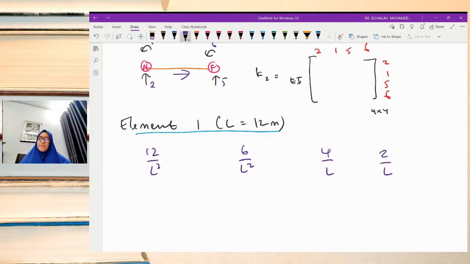Okay, so 12 divided by L cube is, okay, please, can you please calculate for me? The answer, it is 12 divided by L, L is also 12. L cube. Twelve divided by L cube.